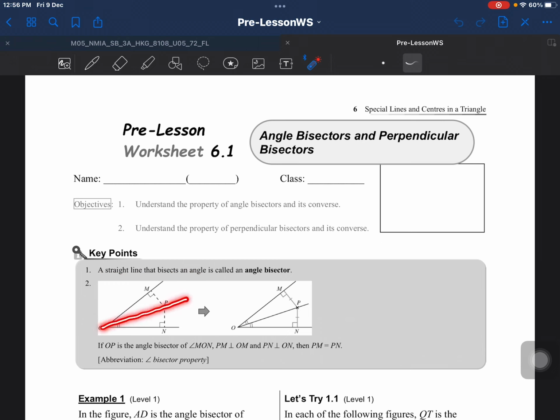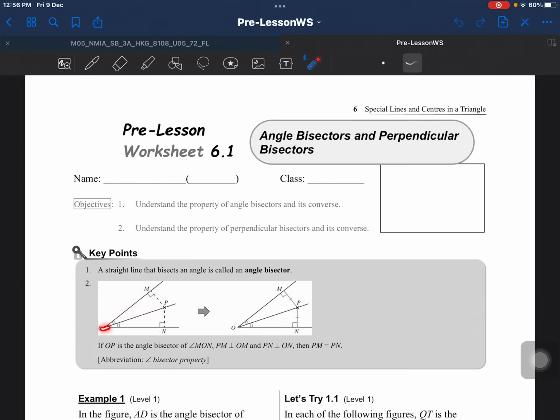OP is the angle bisector of angle MON. That means OP bisects these two angles, making these two angles into equal halves.